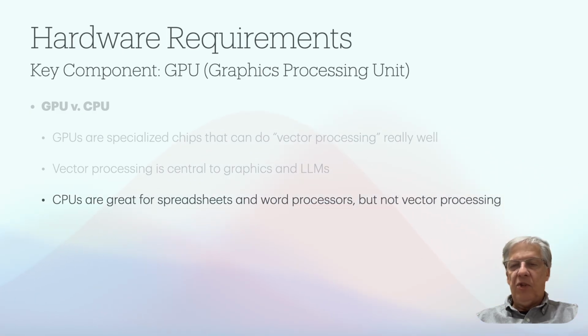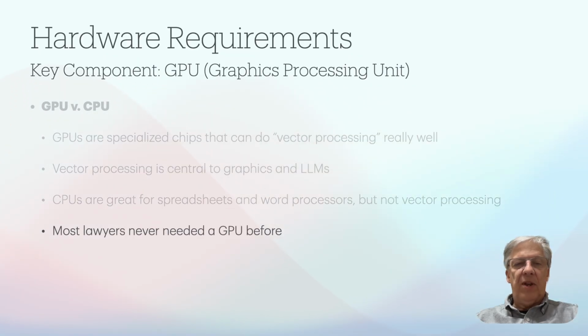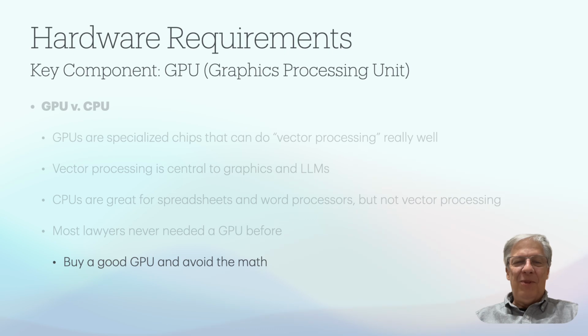They're great for spreadsheets and word processors, but they're not good for word processing. Most lawyers never needed to know what a GPU was, all right? So the solution to a lot of this is just buy a GPU and avoid the math and a lot of the headaches, right?